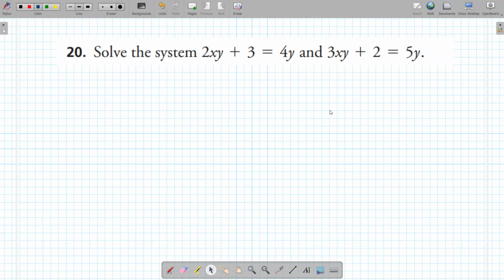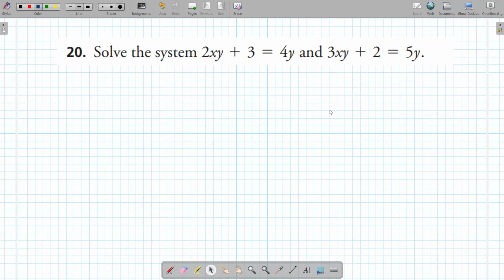If we have x and y, we can get the answer to both of these equations, right? So it's about the x's and y's. There's two unknowns. How many equations do we have? Two. So this is a solvable system. If you had three unknowns but only two equations, that would not be solvable. But here we have two equations and two unknowns.